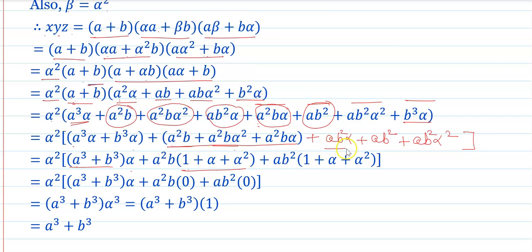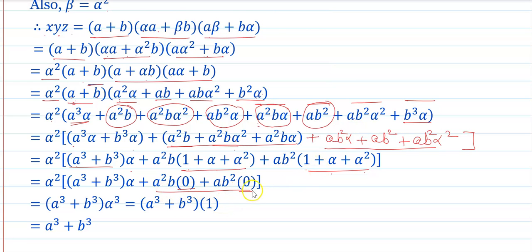And from the last three terms, take AB square as a common factor, then first you will get 1, next is alpha square, and this is 1. Now the value of 1 plus alpha square, we know that 1 plus omega square is 0. Similarly here, this value is 0, this value is 0.